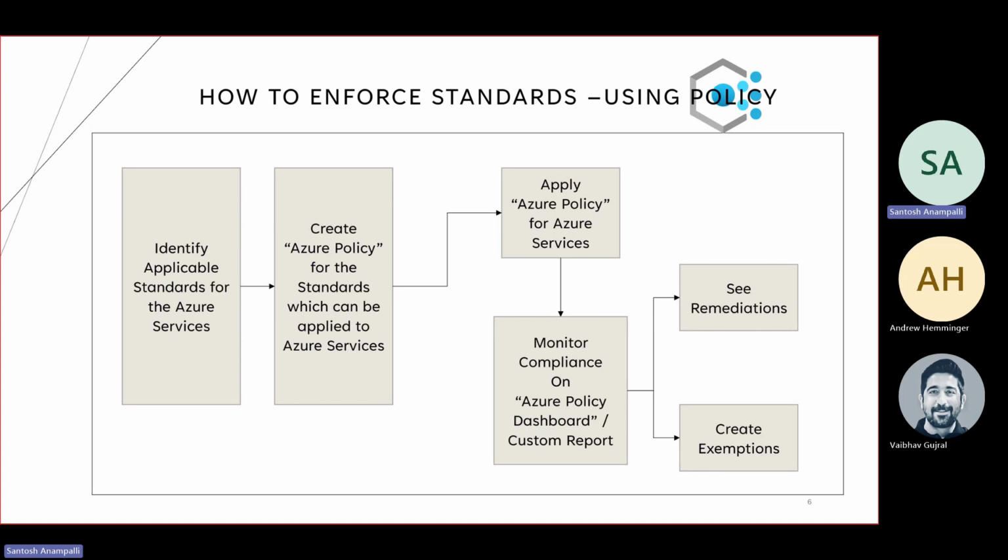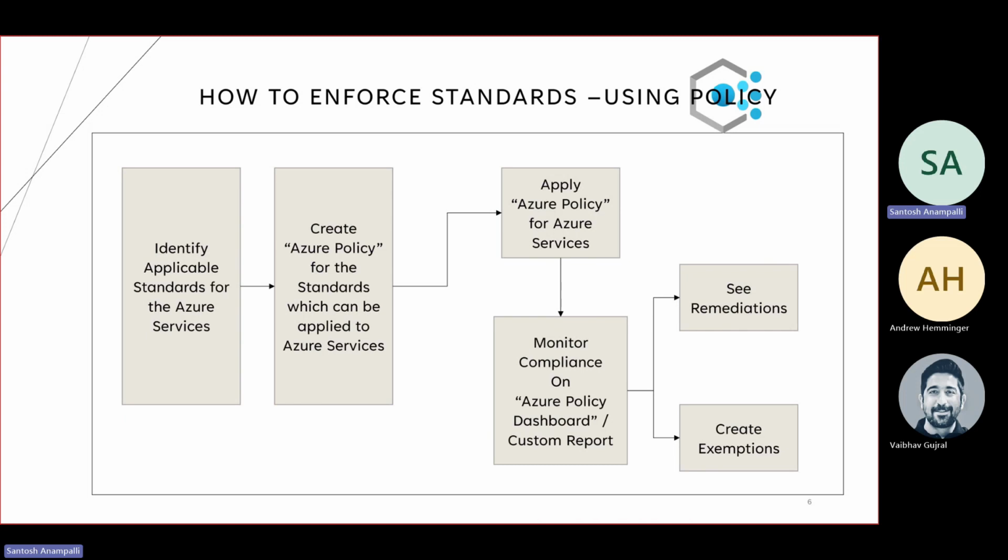So the first thing is identifying the standards you want to enforce within your organization, and then how to implement that. Once you implement that, how do you monitor it? Azure Policy has an inbuilt dashboard where you could go and see the policies assigned to the environment. You can see which resources are compliant with the policy and which are not.